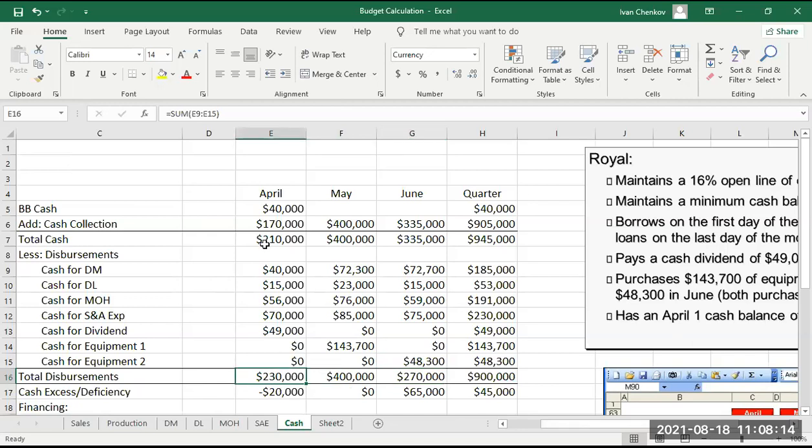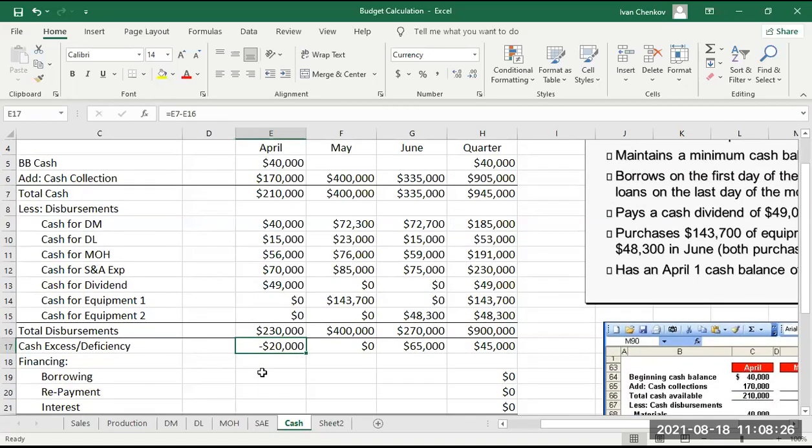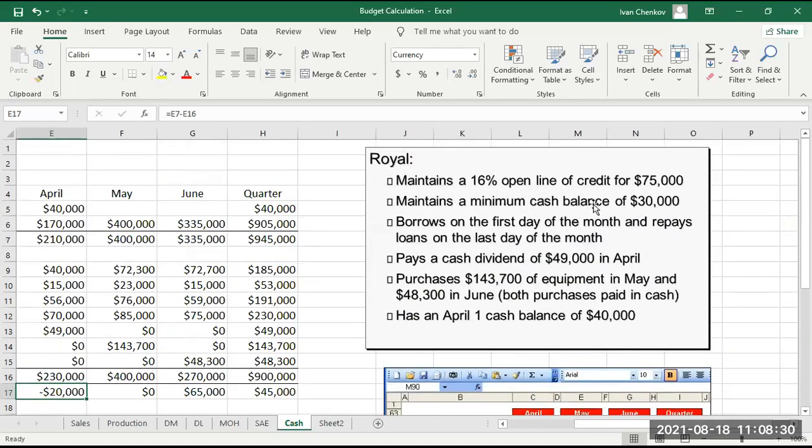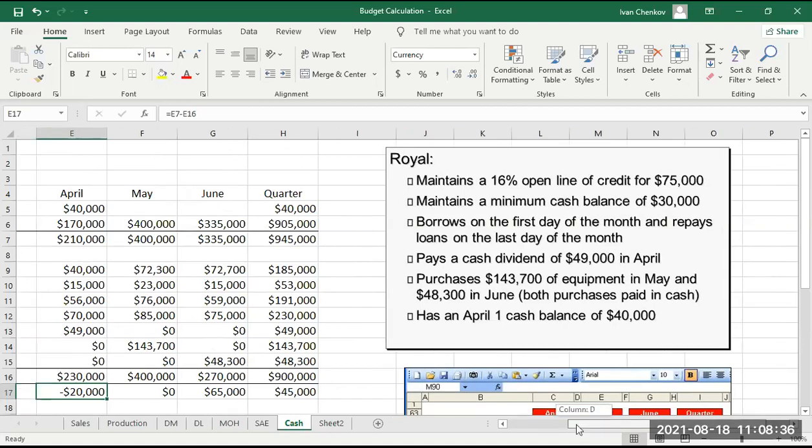So I'm collecting $210,000. I'm spending $230,000. So at this point, I have a deficiency for April of $20,000. But I need to have, at the end of the month, minimum cash of $30,000.